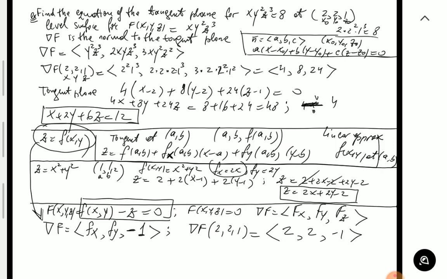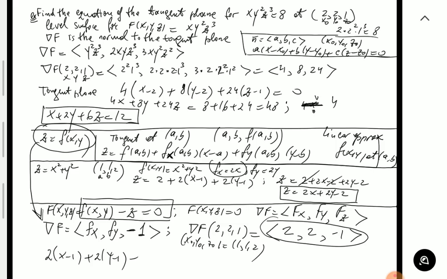And then when you set up the equation of a plane whose normal is (2, 2, minus 1), going through the point (1, 1, 2), you end up with 2(x minus 1) plus 2(y minus 1) plus negative 1 times (z minus 2) equals 0.